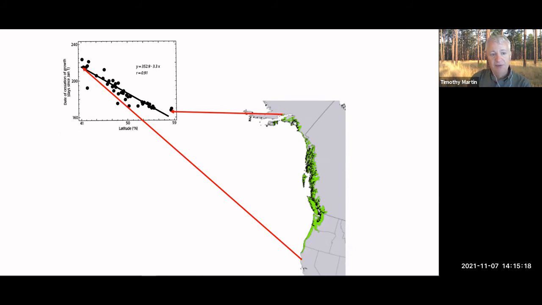Sometimes when we look at variation in latitude and variation in elevation, those two can substitute for each other. For instance, there's a rule of thumb that an increase of 100 meters in elevation, environmentally, at least in terms of temperature, is roughly equivalent to 1 degree of latitude going further north.